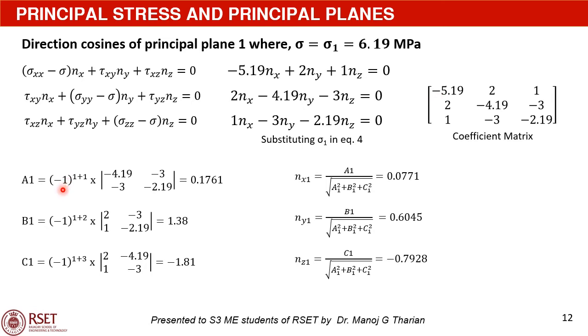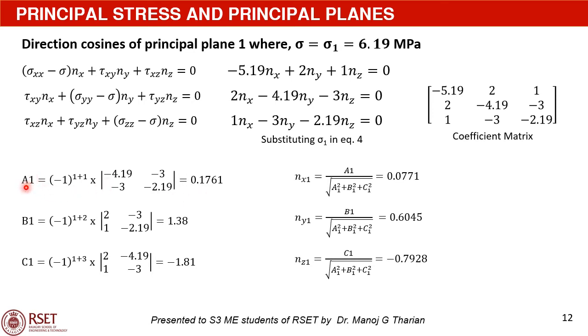That is how you get minus 1 whole raised to 1 plus 1 into the minor of this element, which is obtained by removing the row and column containing this element. We will get the determinant of this submatrix, that is the determinant of [-4.19, -3; -3, -2.19]. When you calculate this, you will get a1 equal to 0.176.